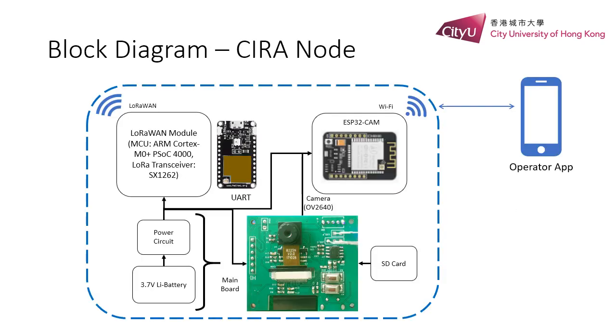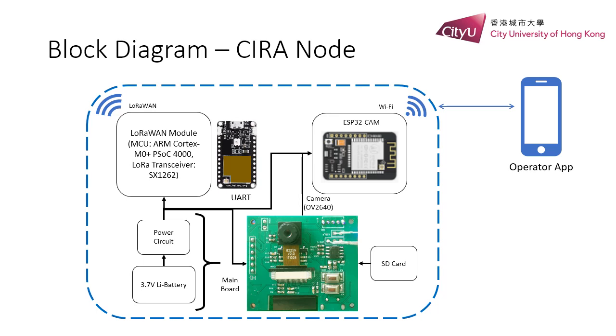This is the block diagram of the camera sensor node, CIRA node. We have the LoRaWAN module, which has the SX1262 Semtech LoRa transceiver and an ultra-low power MCU. We also have a camera module. We use ESP32-CAM, which has the Wi-Fi module inside. The Wi-Fi function we will use later for the initial system setup with the operator app.